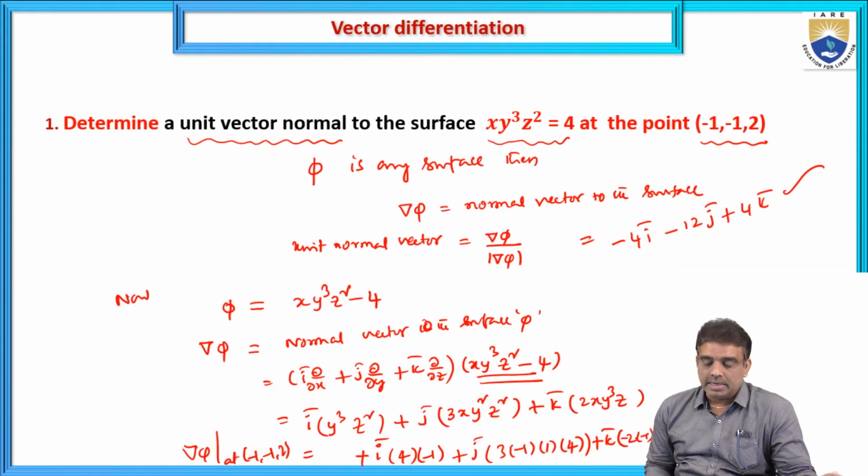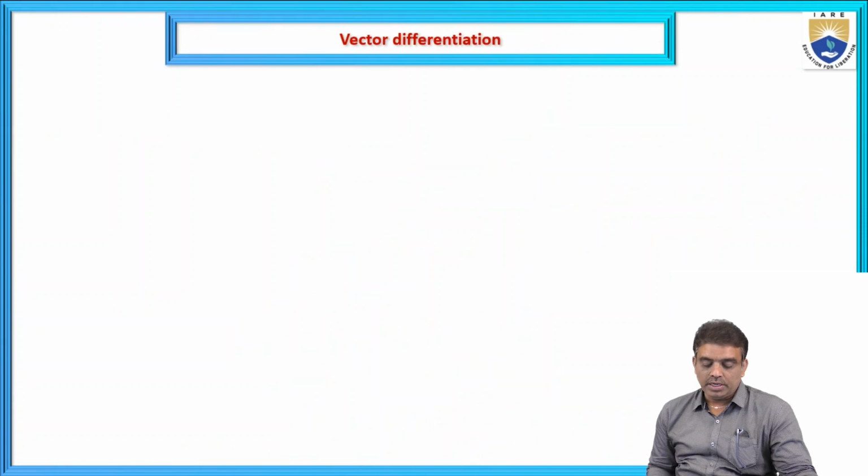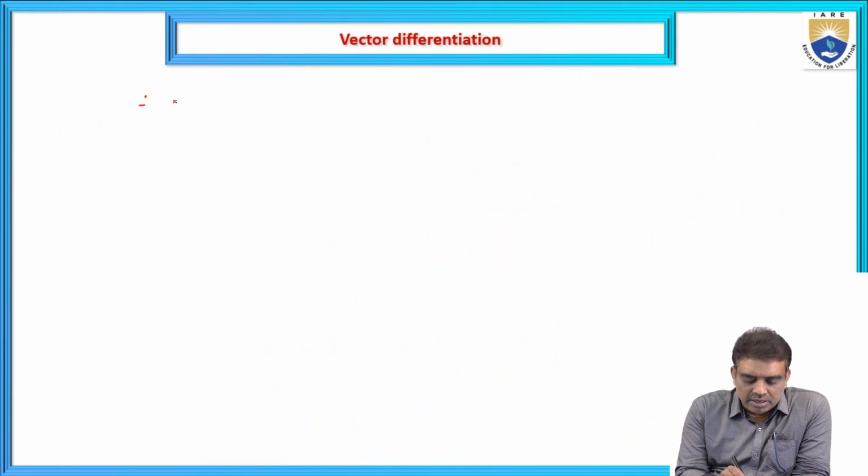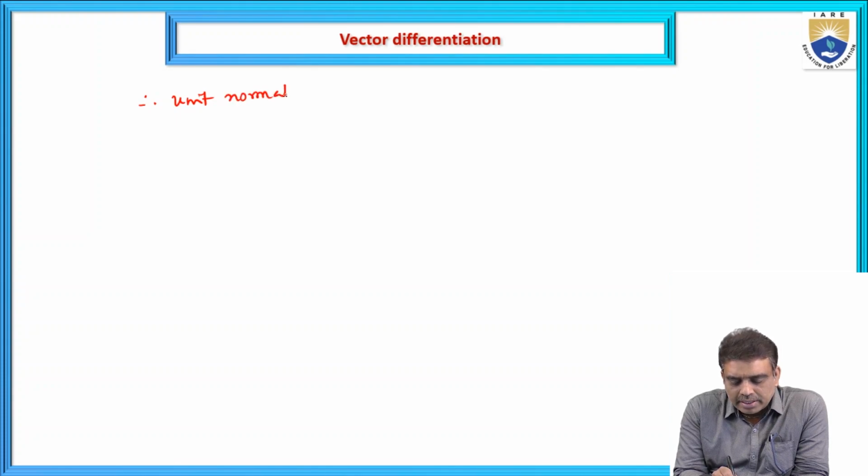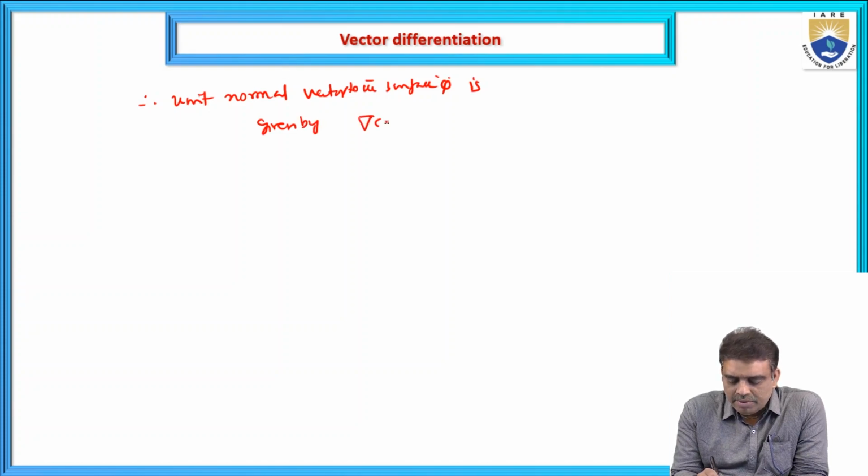Then we have to find the unit normal vector to the surface. Therefore, the unit normal vector to the surface phi is given by grad phi by magnitude of grad phi.